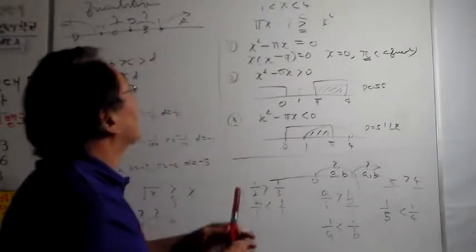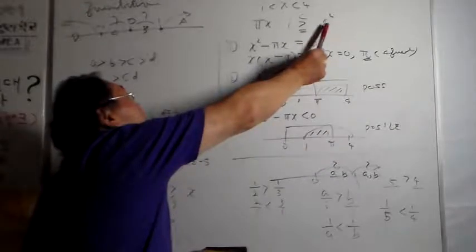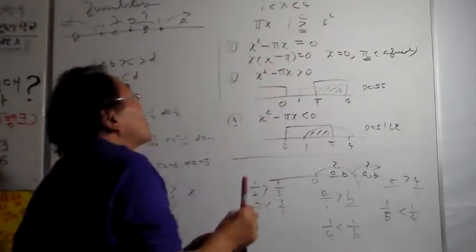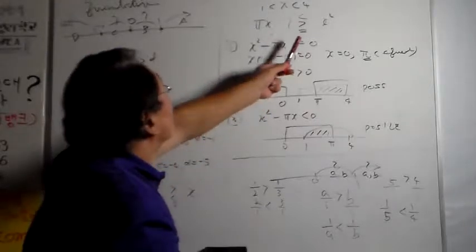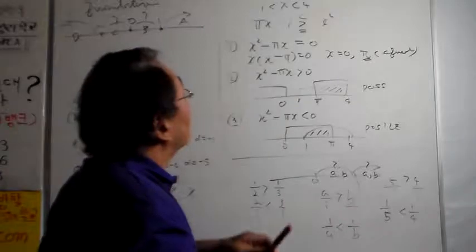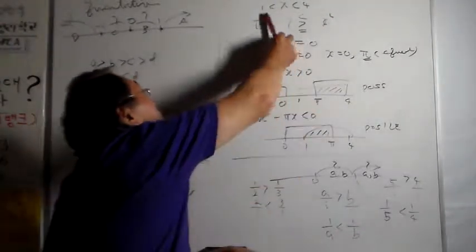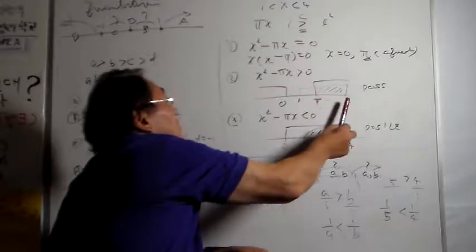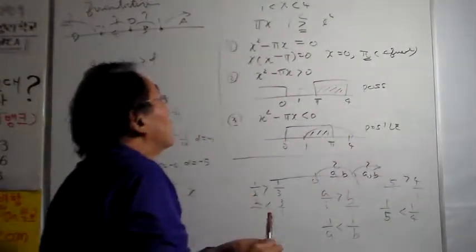How about the second case? Maybe this value is bigger than this one, so we subtract. In that case, x squared minus pi x is greater than 0. So we solve this one. The initial condition is x between 1 and 4, so we use that area.